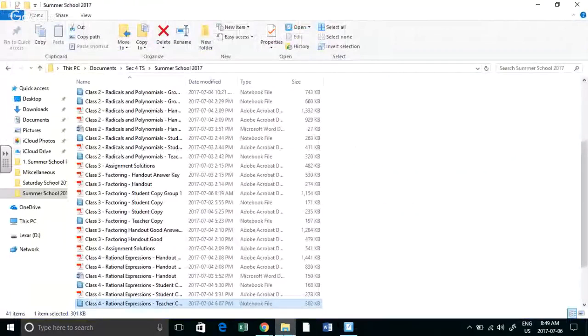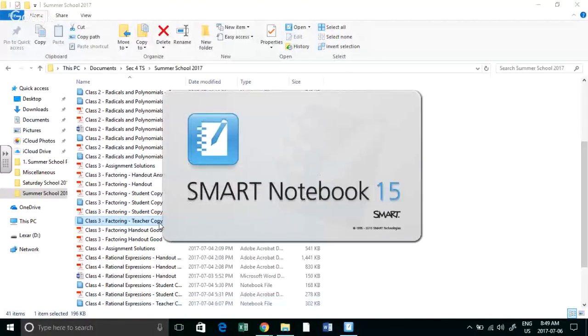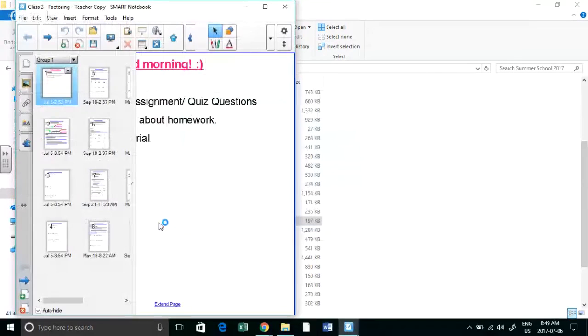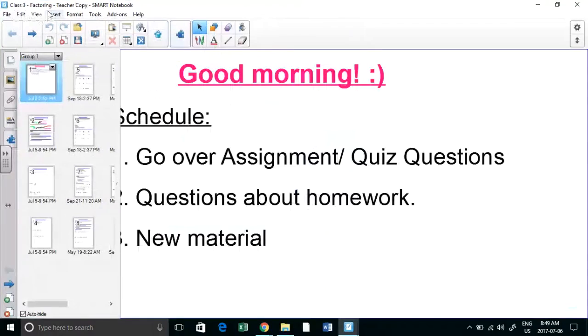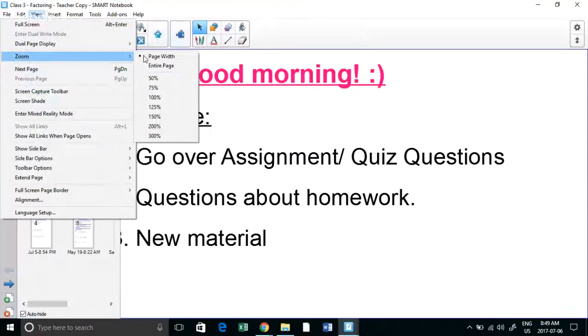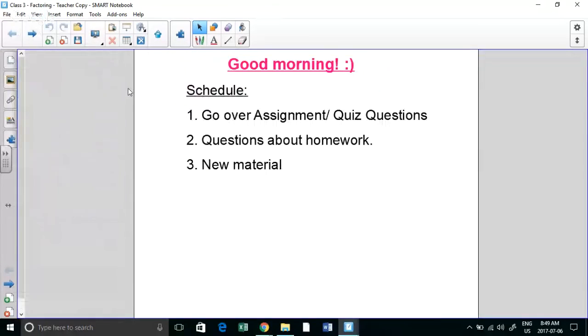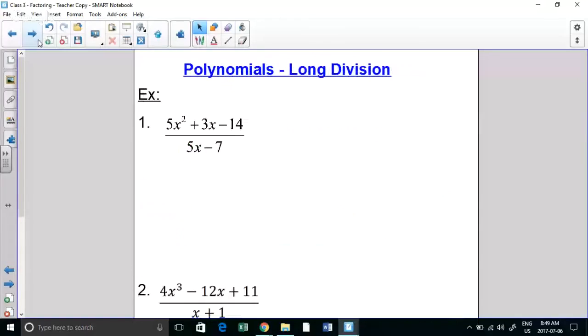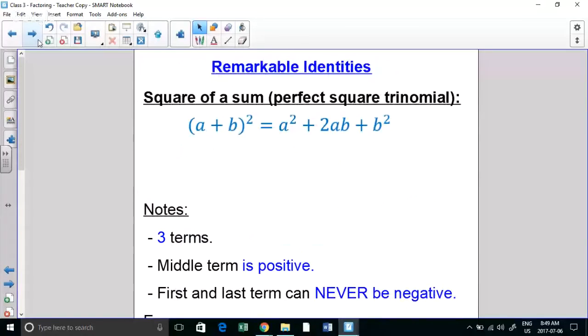So just as a quick recap from yesterday, because we're going to be using these tools a lot today. The ones that we did yesterday at the end of class, the different methods of factoring. So we're just going to take a quick look at this again. So not division.